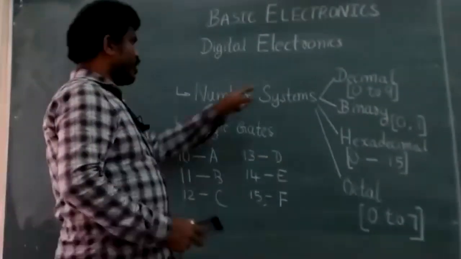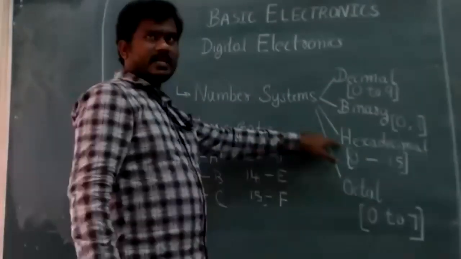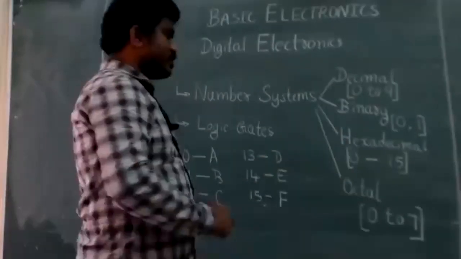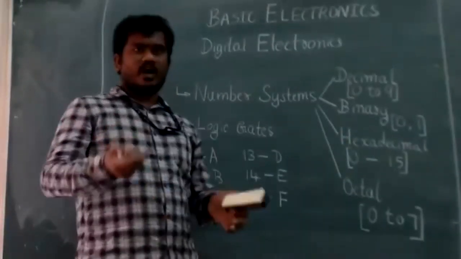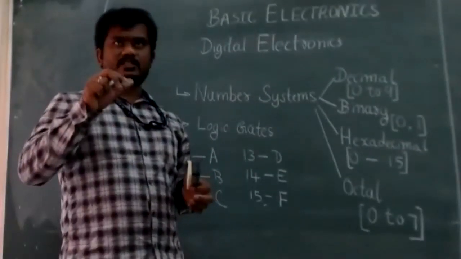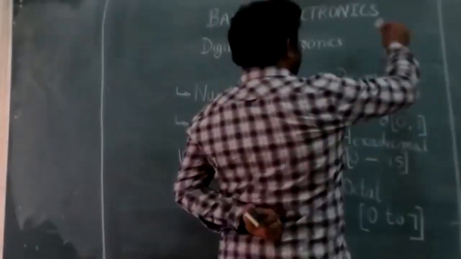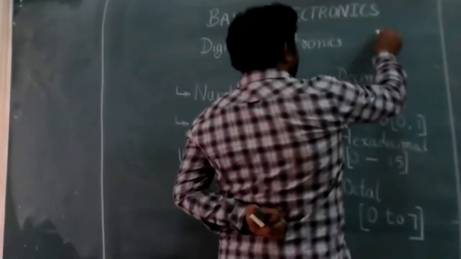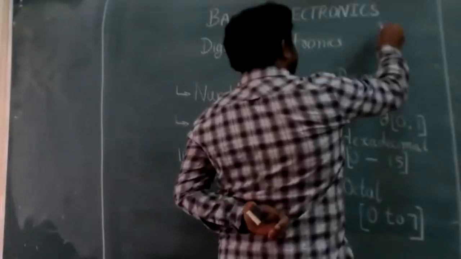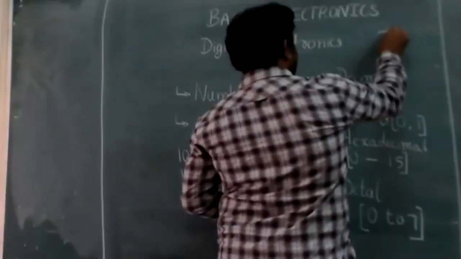So we have different types of number system: decimal, binary, hexadecimal, and octal. Now, if you are given any number and you need to identify which type of number system it is, we use this method. For example, let me take the number 7.